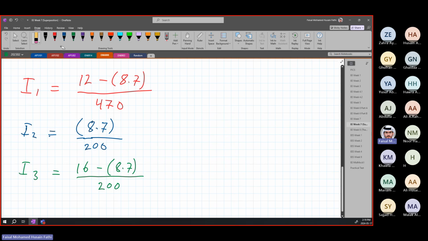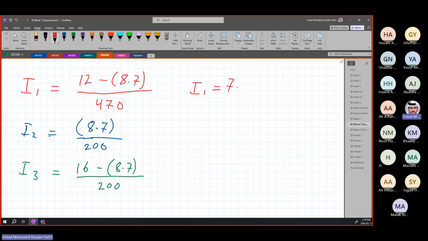If I put all of these in the calculator, I1 is equal to 12 minus 8.7 divided by 470, which gives 7.02 milliamps. Then I2, 8.7 divided by 200, is 43.5 milliamps.